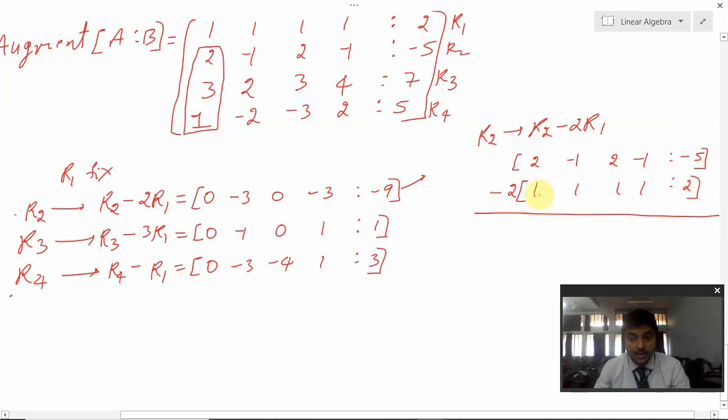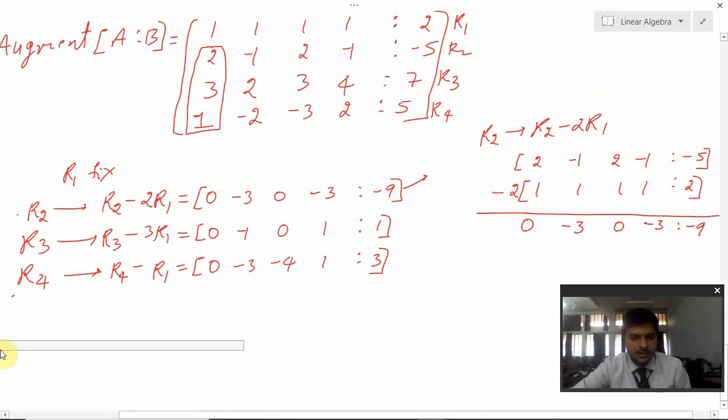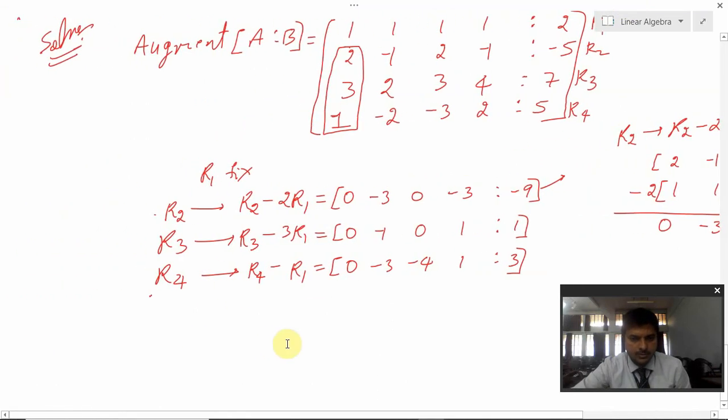Tell me why I have to do it like that? Because the first term I have to make 0. So 2 minus 2 is 0. So if we simplify the next term, it is minus 3. Then minus 2 plus 2 is 0 and this is minus 3 and then I get this minus 9. So you can do it in a calculator very easily, you should get the answer. So same way I have done R3 and R4. So this is how we have to simplify.